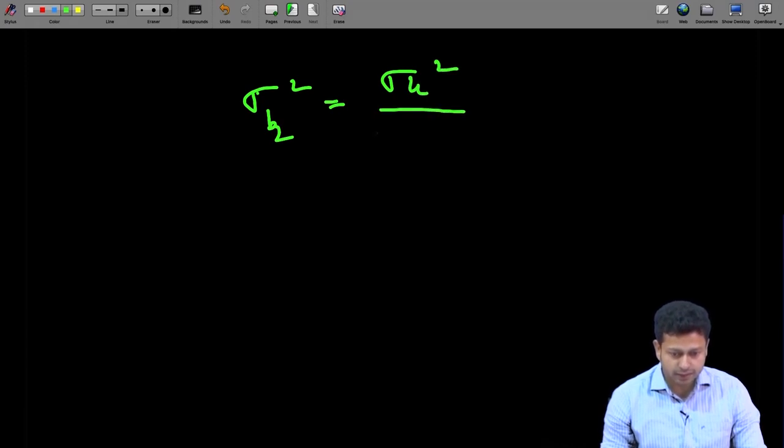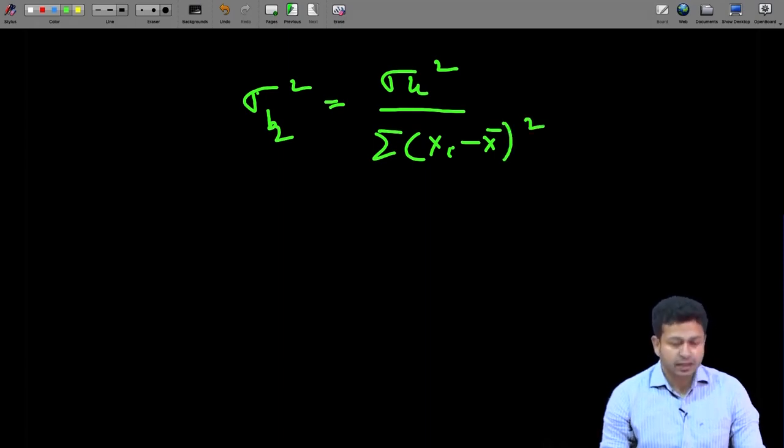What I will get is sigma beta 2 square is equal to sigma u square by summation of (xi minus x bar) whole square, okay.